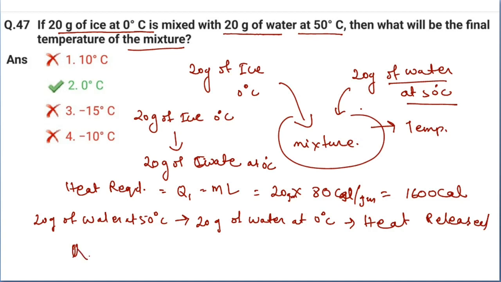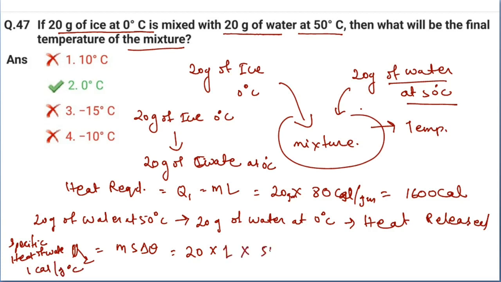Let Q2 be that heat released, equal to m s delta theta. M is the mass, 20, and s is the specific heat of water, that is 1 calorie per gram degree Celsius. So 20 into 1 into delta theta, 50 minus 0, so 20 into 1 into 50, that is equal to 1000 calorie.